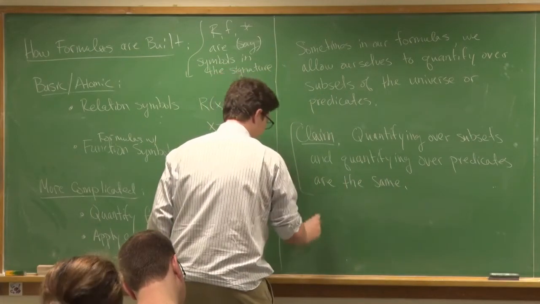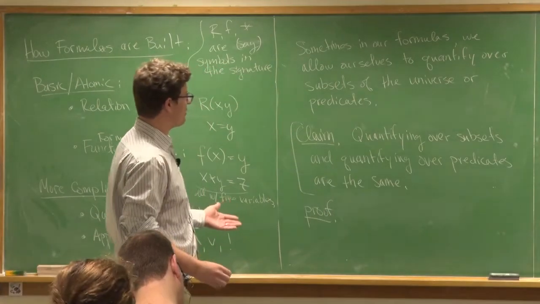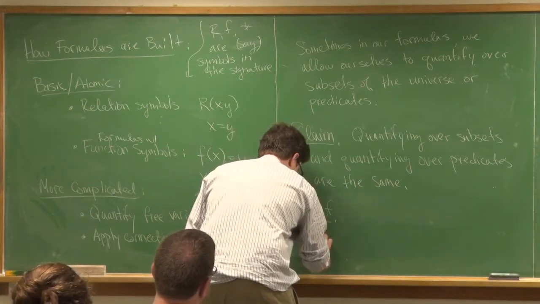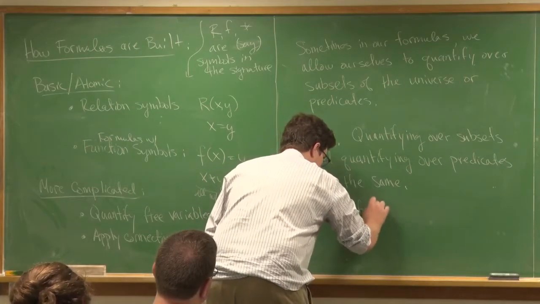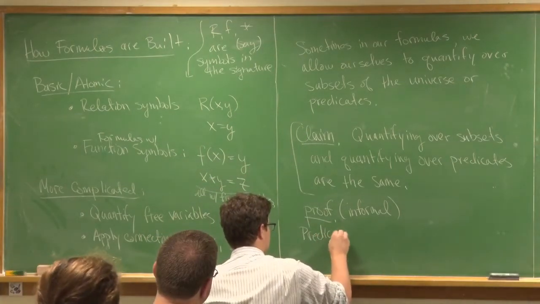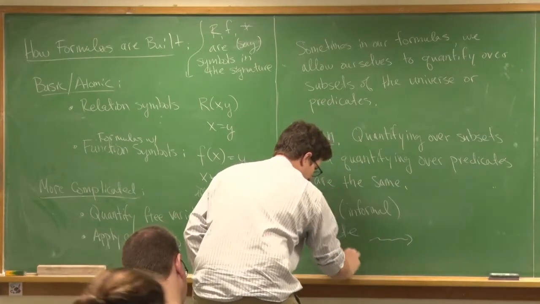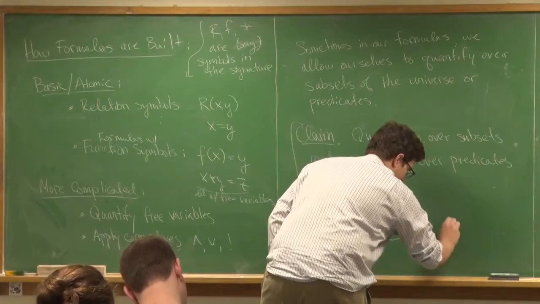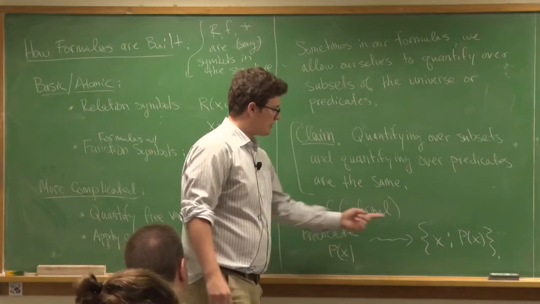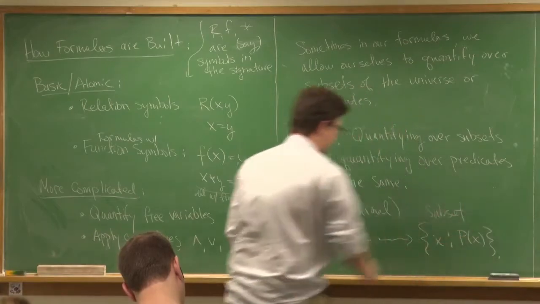Okay, so let me give a proof of this. This is just going to be an informal proof. Given a predicate P, we can form the set of x such that P of x. So from a predicate, you can create a subset of the universe.